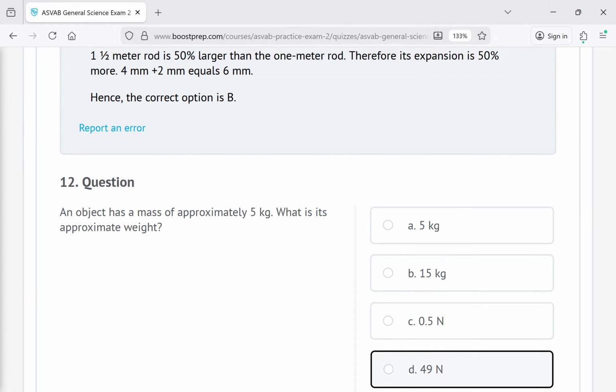It would be 49 newtons. And why is that?